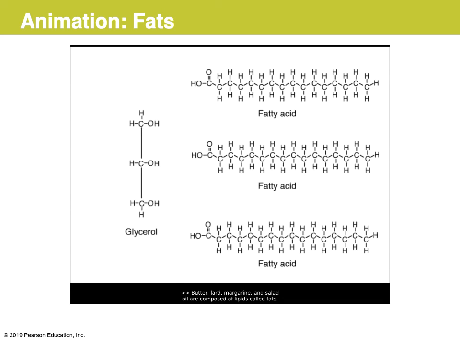Well, the fact that they're nice and straight means what? You can stack them up easily. And so you wind up with that relatively stable form and that business of being solid at room temperature, whereas if there's unsaturated fatty acid tails, you get that kinking, and that means that it's not going to stack up nice and neatly. It's not going to be solid at room temperature. It's also going to be a little less stable.